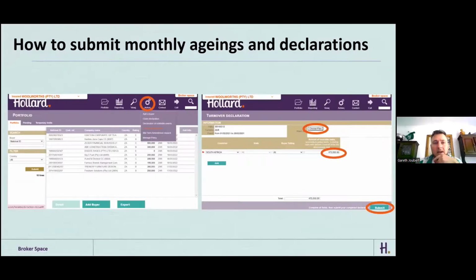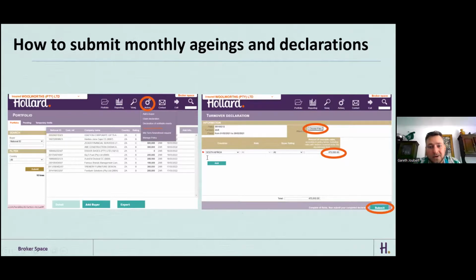To submit monthly agings, you click on your actions tab, your turnover declaration, you select the file, so your declaration file, so they call it the auditing file or the substantiating information. You select that, upload it, and then you type in your declaration value.